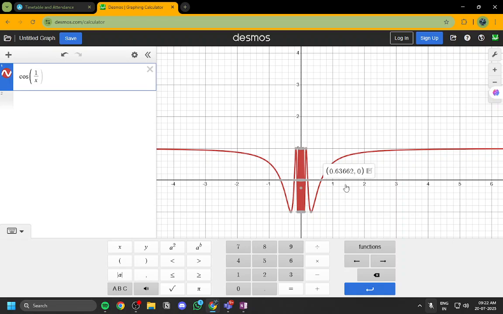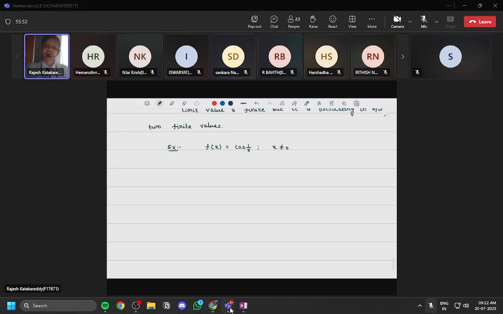Clear? Understood? Now next, there is something called the intermediate value theorem. If you remember, in the inverse trigonometry chapter, I told you that if f of a and f of b have opposite signs, at least one root will be there in between a and b. That is a derived result from the intermediate value theorem.